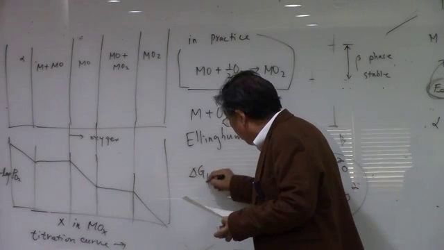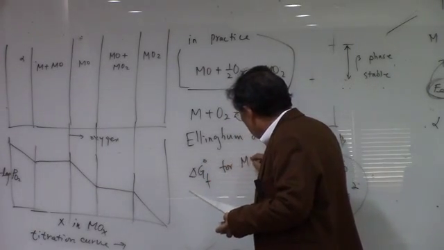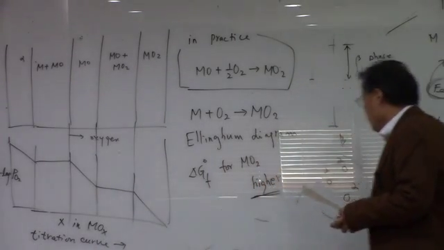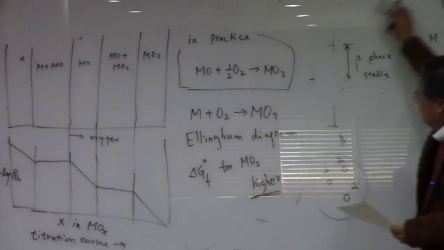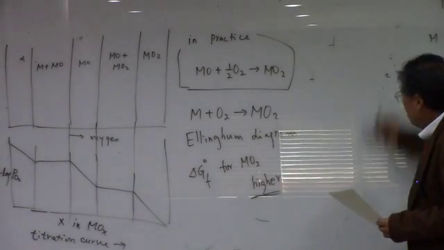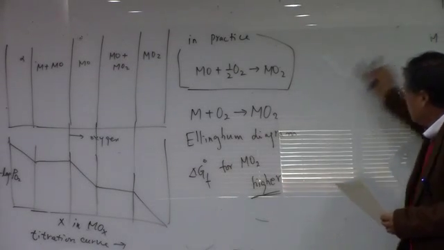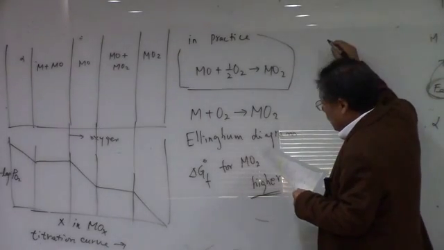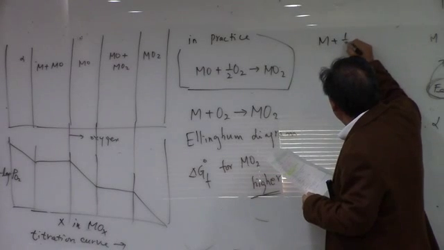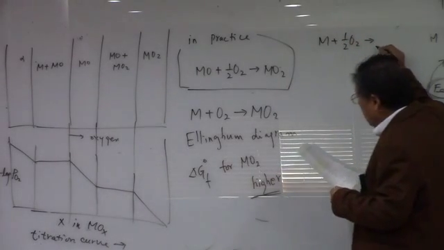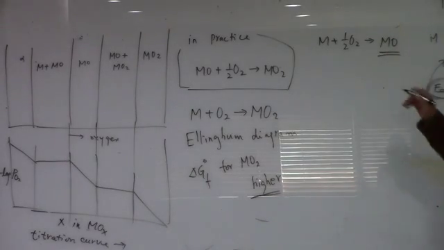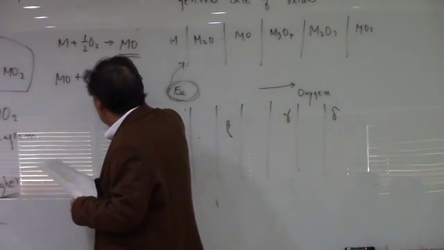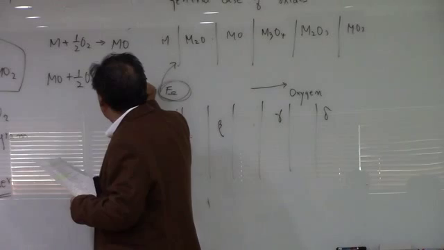So that the delta Gf0 for MO2 is always higher than the actual energy for the formation, because for this MO2 formation, this happens always first, and then with that we are going to have a reaction like MO2.